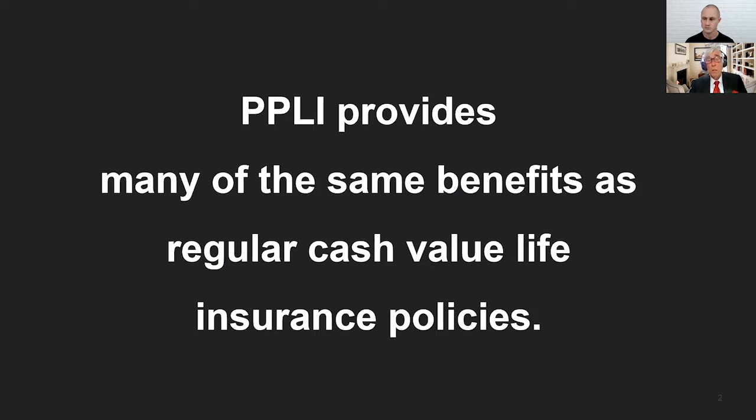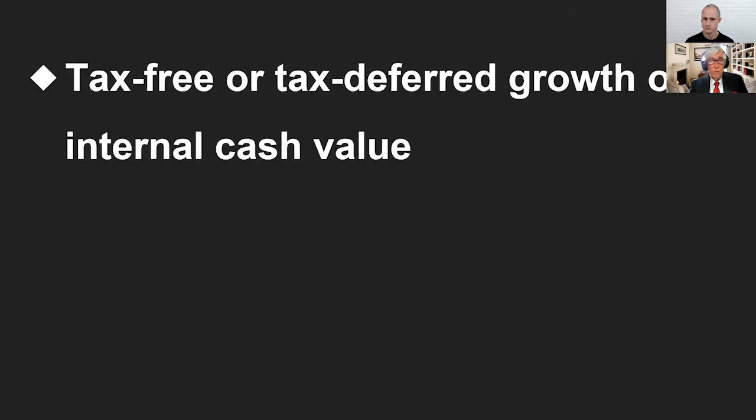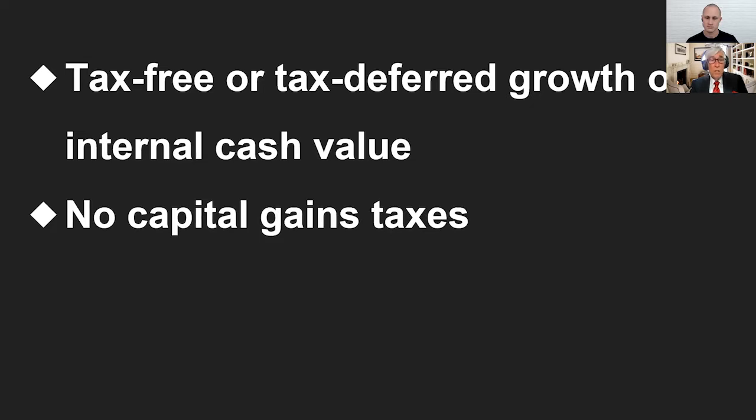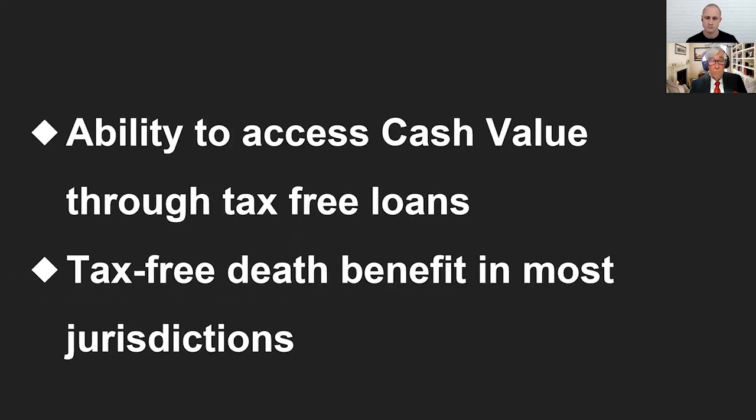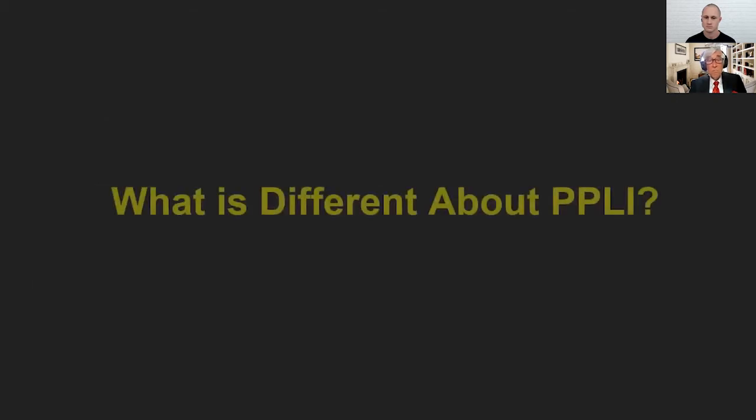So what are those benefits? I'm going to list them here. You get tax-free or tax-deferred growth of the internal cash value, no capital gains taxes, no income taxes, the ability to access that cash value through tax-free loans, and a tax-free death benefit in most jurisdictions. You get this in any cash value life insurance policy.